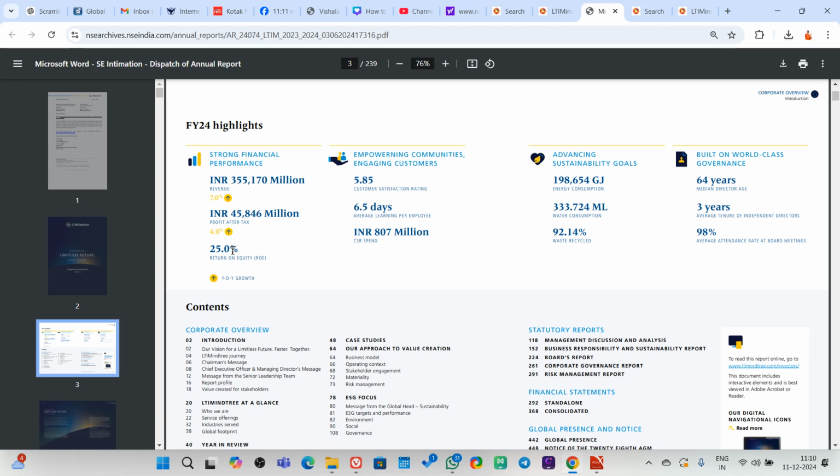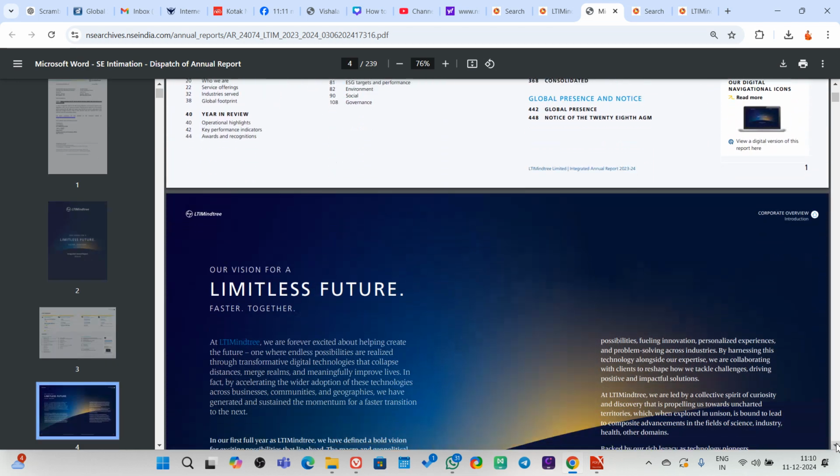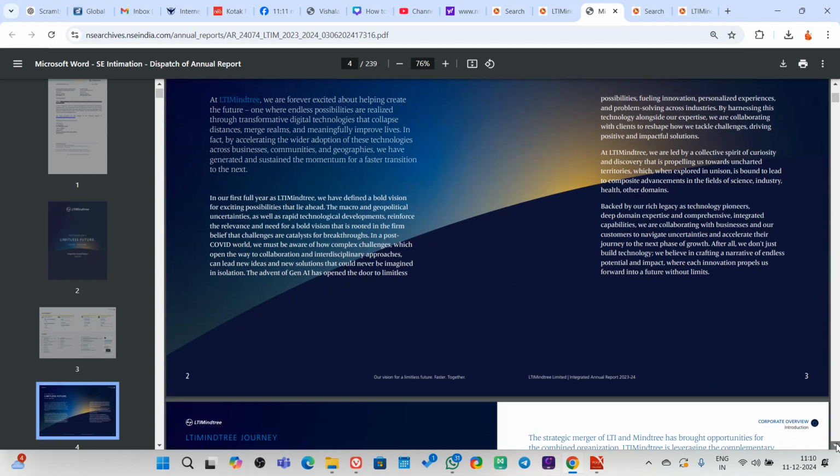Which is a good sign to invest in this stock, where the revenue you can see here is 3,55,170 million, and after tax it has a profit of 45,846 million, which is a good sign. Likewise, we have different metrics to take care of and take the decision to invest in any stock.